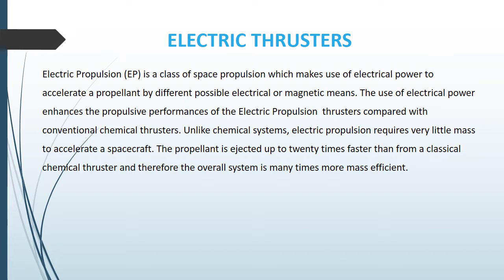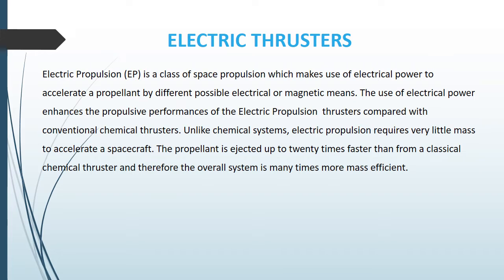First we will discuss what an electric thruster is. Electric propulsion is a class of space propulsion which makes use of electric power to accelerate a propellant by different possible electrical or magnetic means. The use of electric power enhances the propulsive performance of electric propulsion thrusters compared with conventional chemical thrusters.